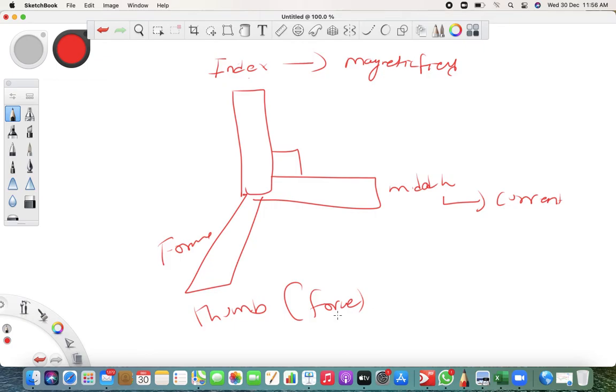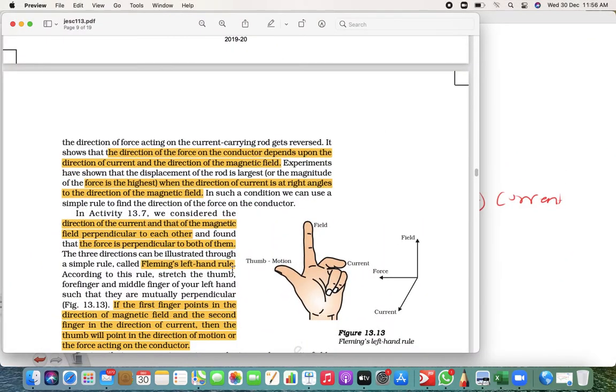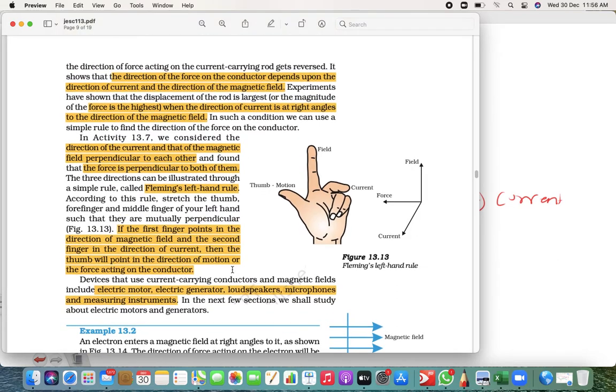So you always remember this. It's not only that the field and the current are perpendicular; the force and the field are perpendicular, and the force and the current are also perpendicular to each other. Try this.